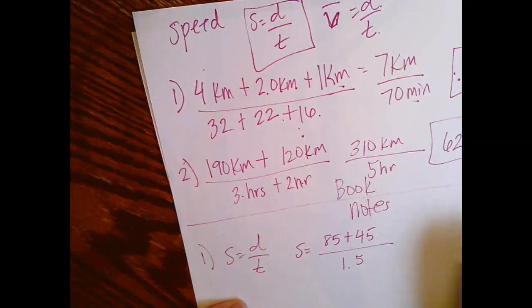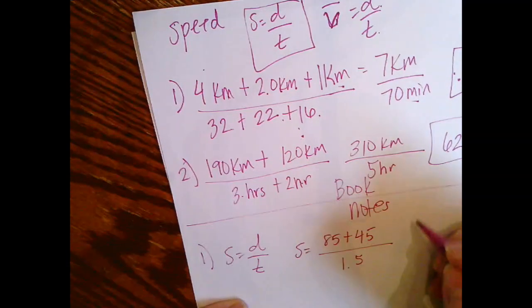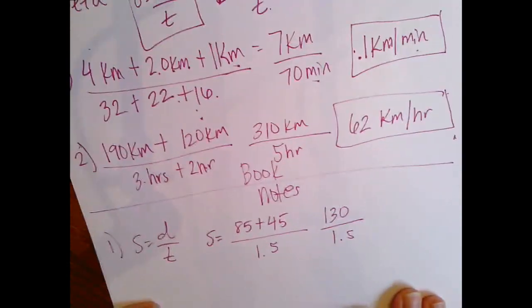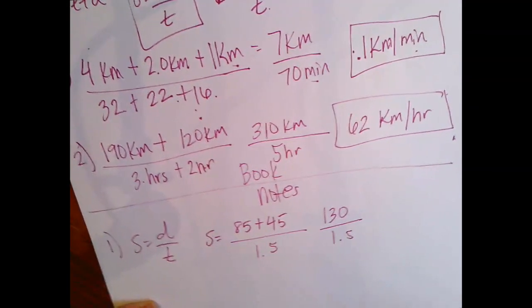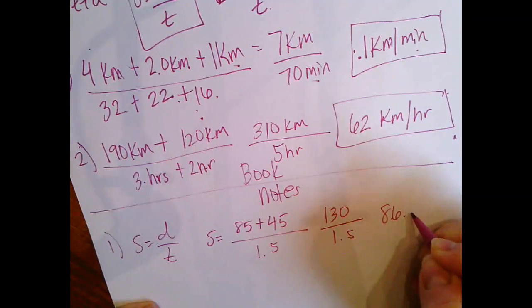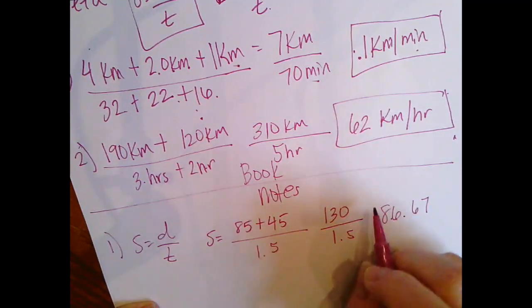So 85 plus 45 is 130. 130 divided by 1.5 would be 86.6666, but I'm going to round that off to 87.